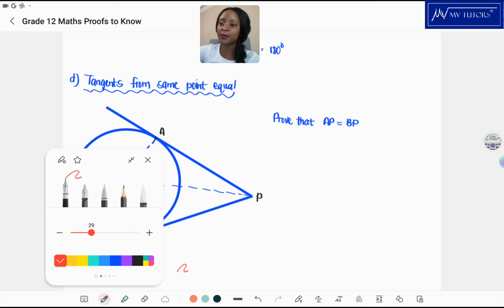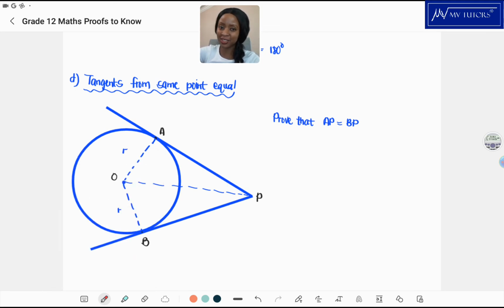Firstly, when we have a radius and a tangent touching each other, we know that they are perpendicular to one another. So I know that angle A is 90 degrees, as well as B. So I can start by saying angle OAP in triangle OAP is equal to 90 degrees, which is also equal to OBP.